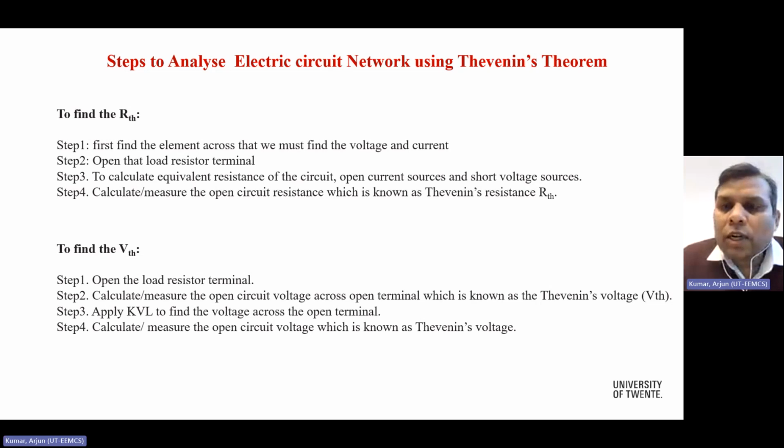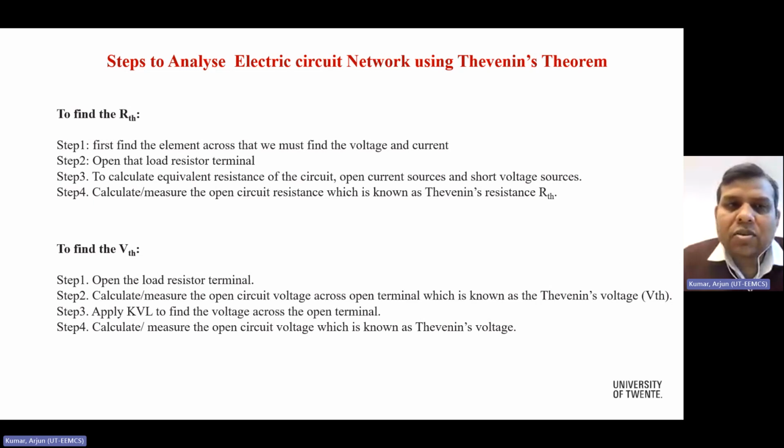If there is a voltage or current source in that network, first remove that source. If it is a voltage source, make it short, and if it is a current source, make it open. Then, looking from the open terminal, you can find your Thevenin equivalent resistance. This is the first part.